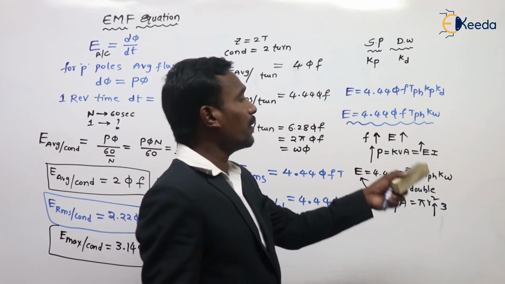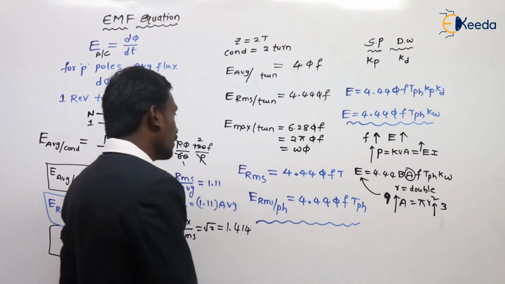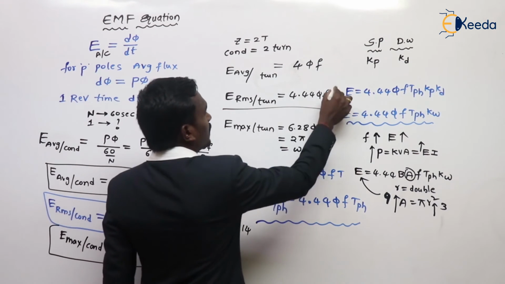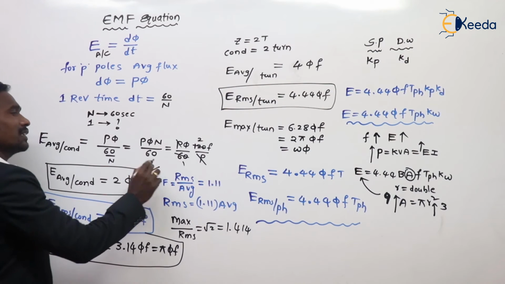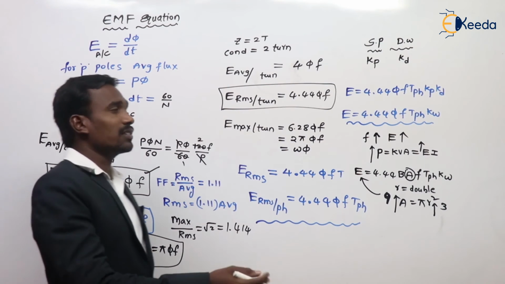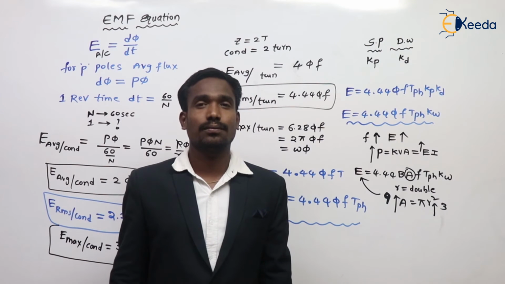Like that, they may ask you questions on the EMF equation. Sometimes they will ask you a question: E RMS per turn is equal to E average per conductor is equal to... Like that they may also ask you questions, problems.